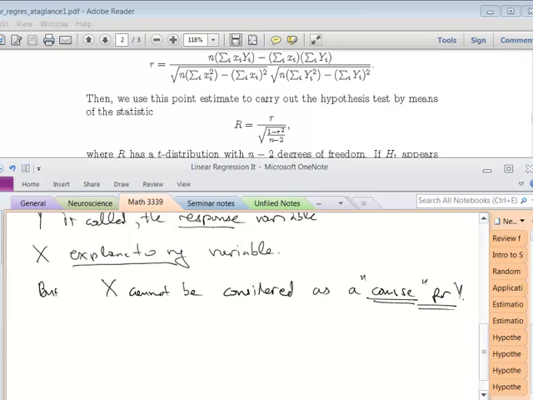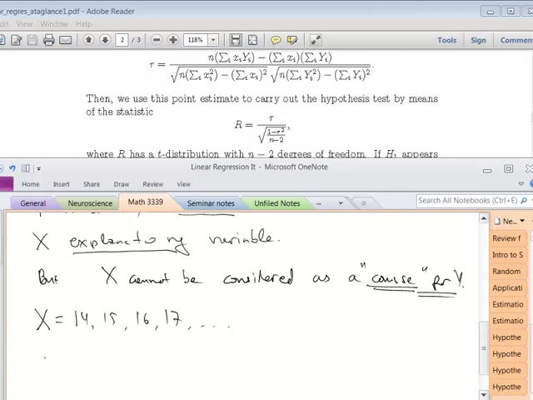In the example that I will show you immediately after that, you see that x takes values like 14, 15, 16, 17, and so forth until we reach a point. And y is a random variable which is exactly conditioned by x.